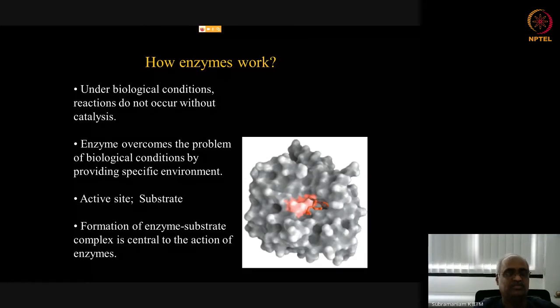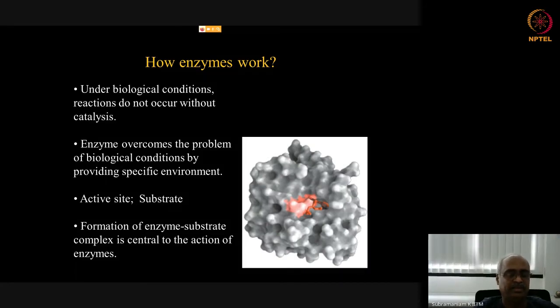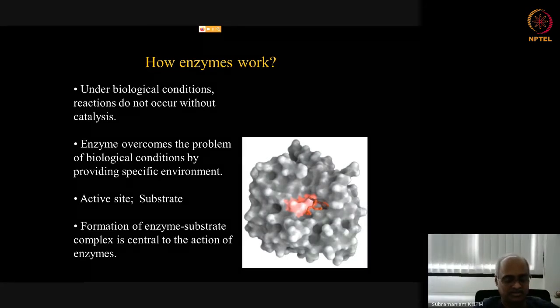The substrate binds to the enzyme, binding meaning multiple interactions between the groups on the substrate and the groups on the enzyme. It need not always be functional groups. You don't need to be thinking carboxyl, hydroxyl, alcohol, amino, or sulfhydryl groups and so on. Quite often it is hydrogen bonds.